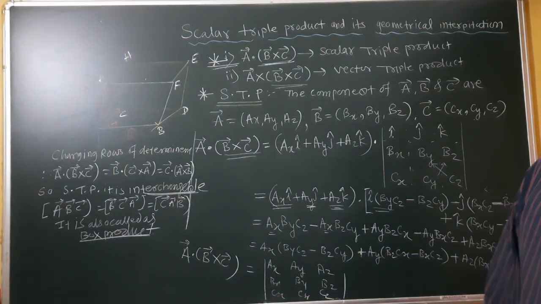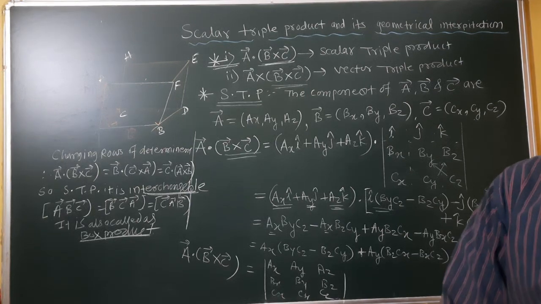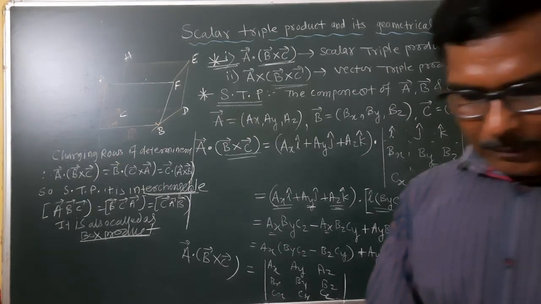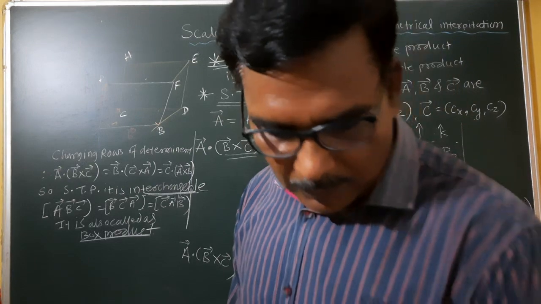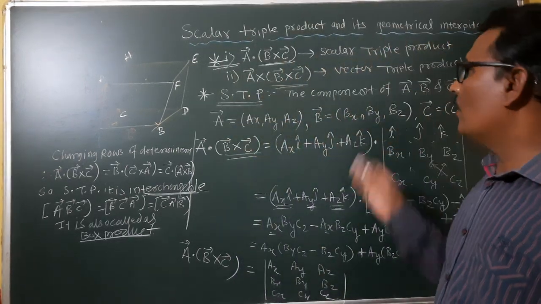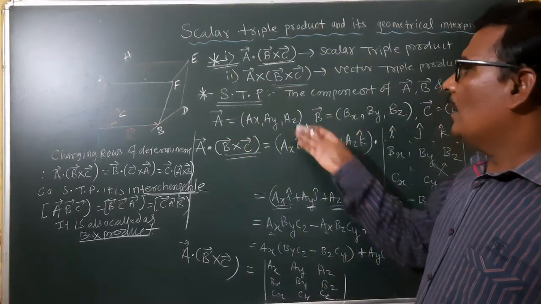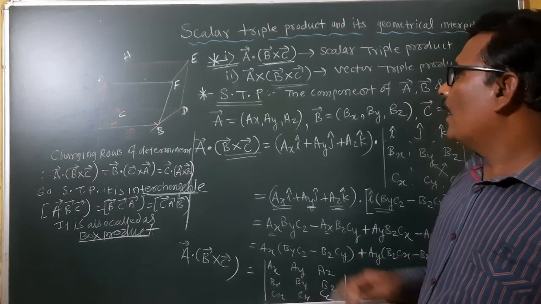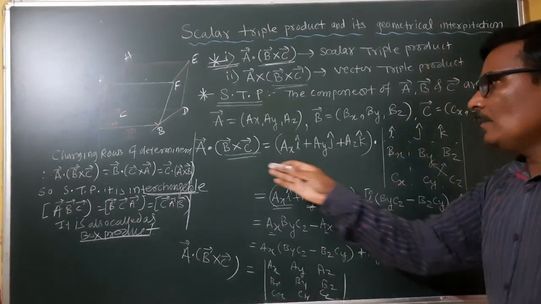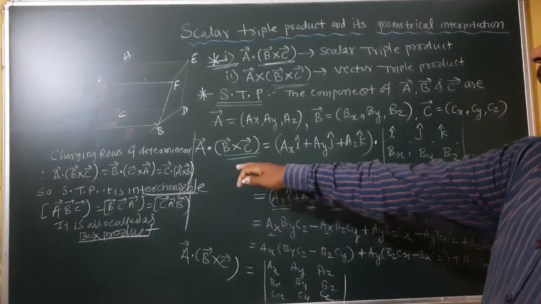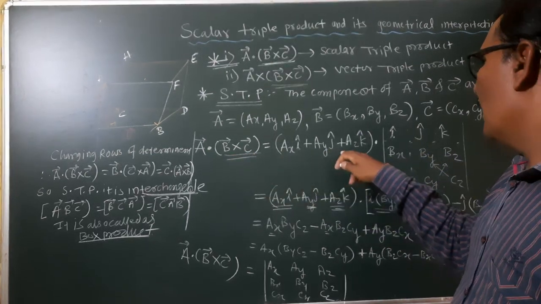And then, what is the geometrical interpretation of a scalar triple product? For the geometrical interpretation, first of all, we have to remember the components of A bar, B bar, and C bar. We know the scalar triple product A bar dot B bar cross C bar.